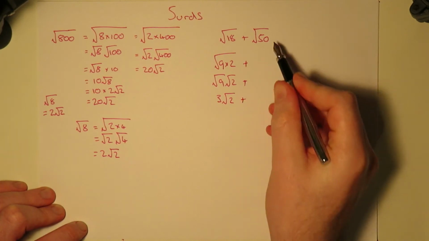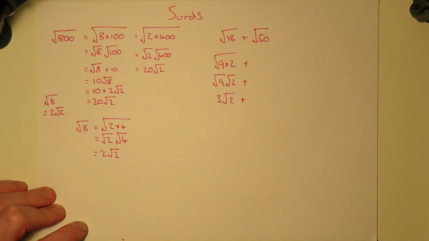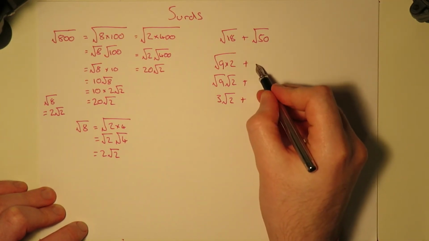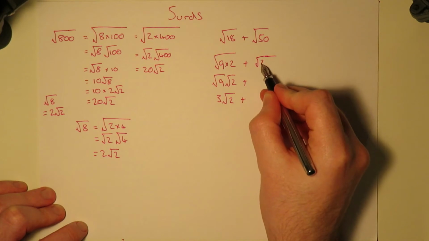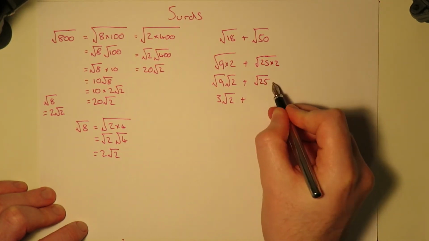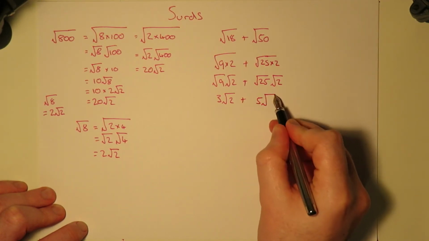Okay, so let's try with this one. Now you need a square number. The square number there could be 25, so that would be root 25 times root 2, which is 5 root 2.